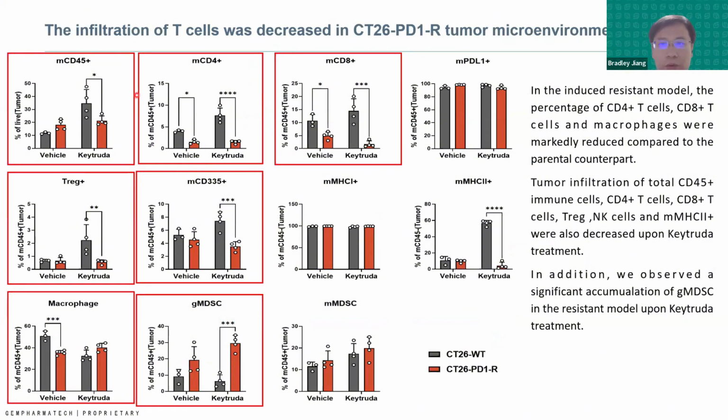In the induced resistance models, the percentages of CD4 T cells, CD8 T cells, and macrophages were markedly reduced compared to the parental counterpart.